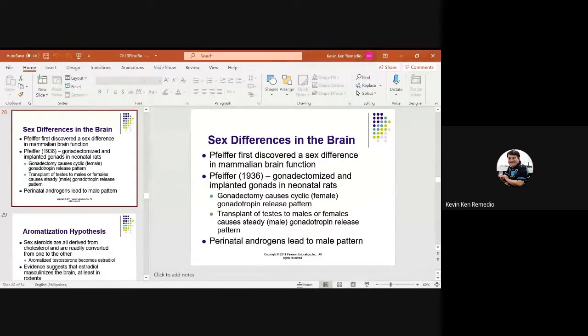That was his first experiment, done on rats. It was found that in rats, gonadectomy or the implantation of gonads causes cyclic gonadotropin release patterns. The transplant of testes to males or females also causes steady gonadotropin release patterns. Okay? That's it.